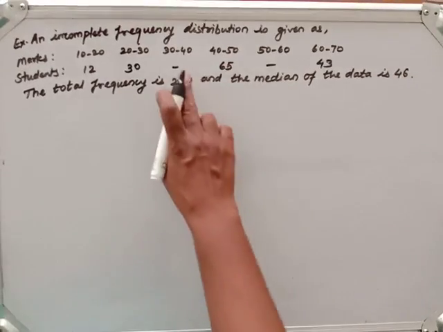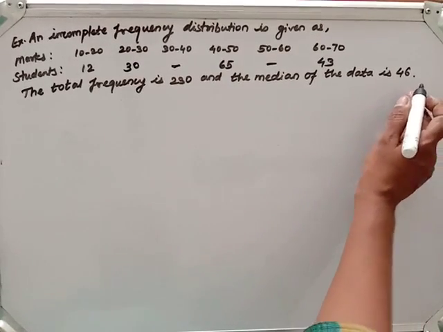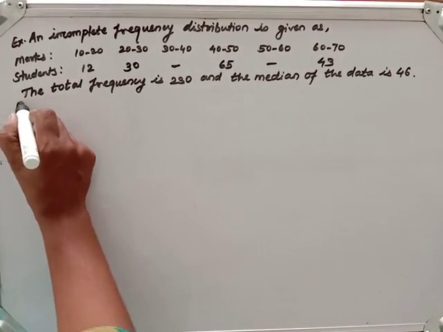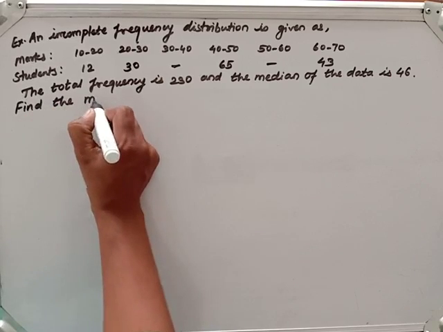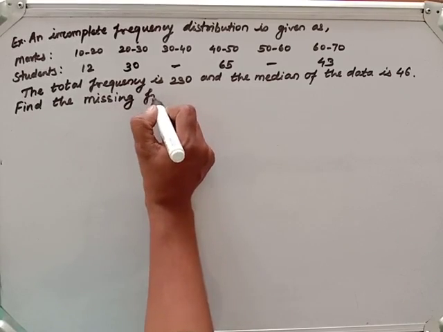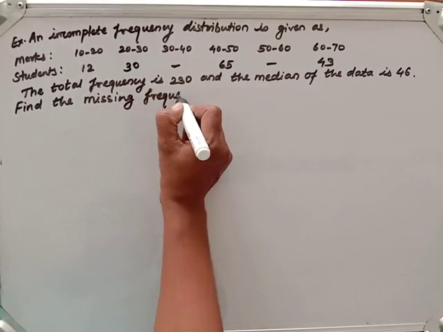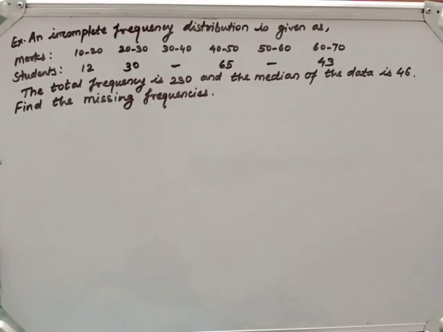Total frequency is given, though these are not given. And the median is also given, it is 46. Find the missing frequencies. These unknown things we have to find out, the missing frequencies.